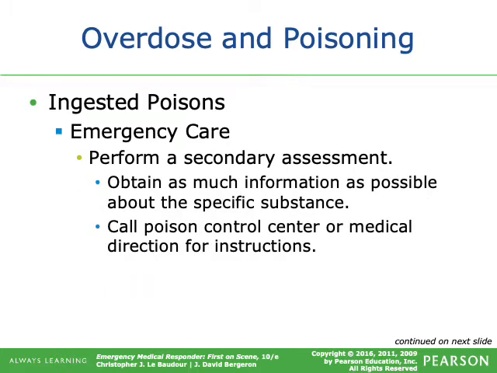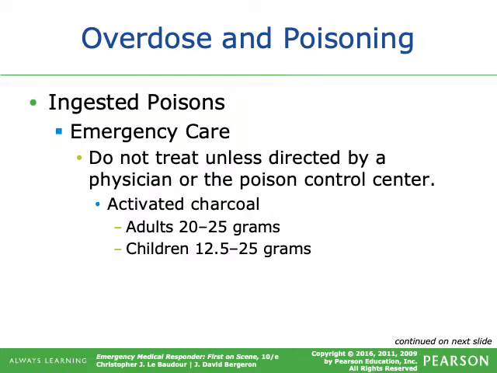After you've covered your ABCs, you're going to perform a secondary assessment, obtain as much information as possible about the specific substance, call Poison Control Center or medical direction for further instructions. Do not treat unless directed by a physician or the Poison Control Center. You can possibly use activated charcoal. Adults are going to get 20 to 25 grams. Children are going to be 12.5 to 25 grams.